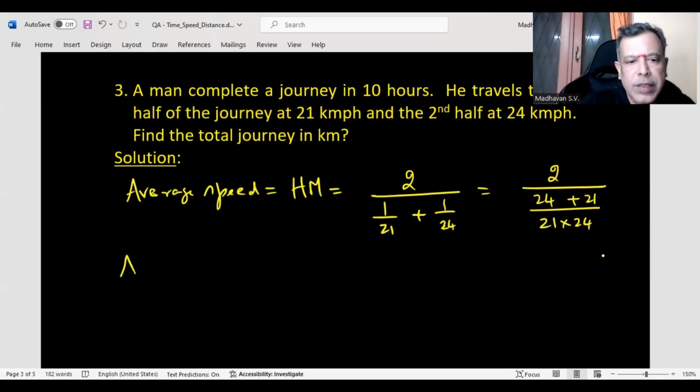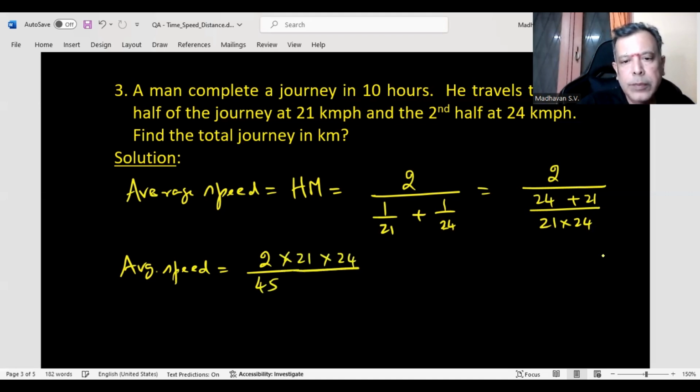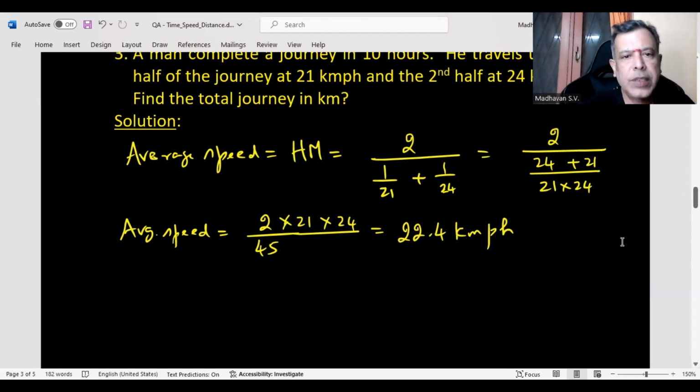So our average speed will be 2 divided by 24 plus 21, which is 45, and here 21 into 24 will go to the numerator. So let us calculate this. We will get 2 into 21 into 24 divided by 45. We get 22.4 kilometer per hour. That will be the average speed of that particular person.